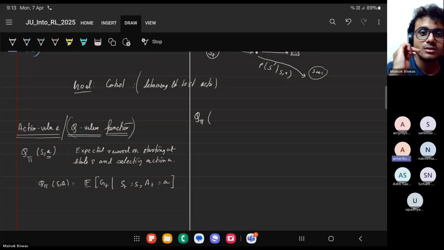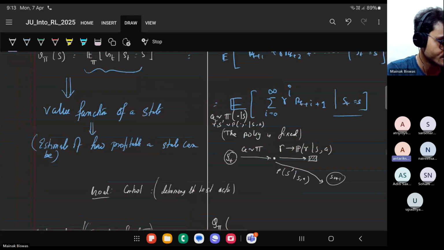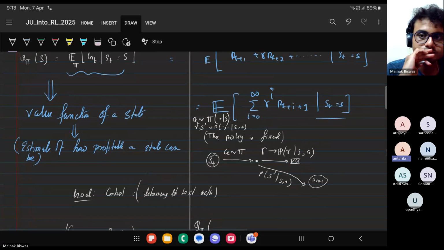Can I ask a question? Sure. Can we simplify the expected value of that summation, RT plus I plus 1 given ST equal to S, using linearity? Yeah, we can do that. We'll do that.